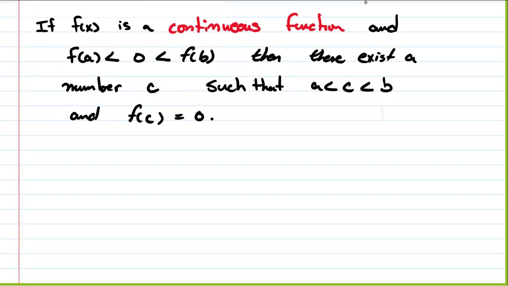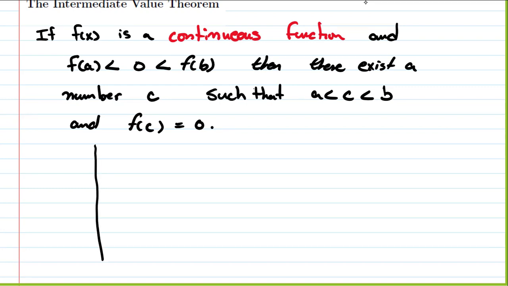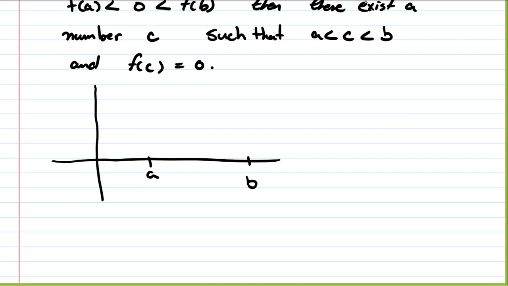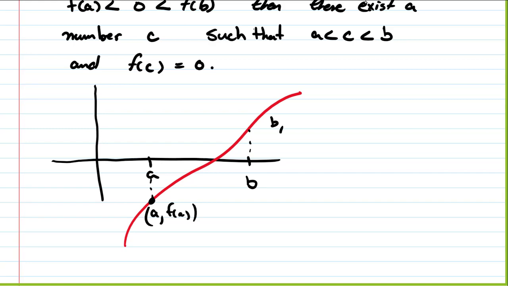So what this theorem is saying in a picture, if we have two inputs, a and b, and f is a continuous function, and we know that if we go down to our point, a, f of a, and we go here to b, f of b, so notice here we have f of a is less than 0 because it's below the x-axis, and f of b is bigger than 0 because it's above the x-axis, then the following must be true.